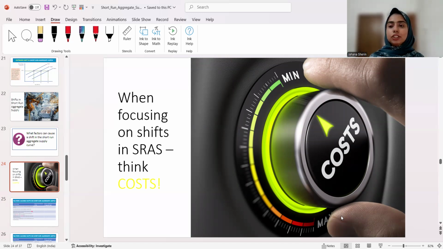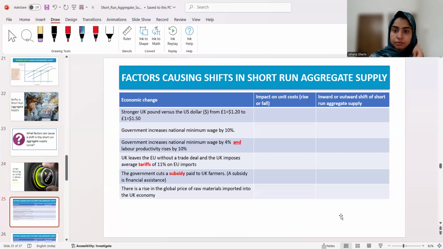That can lead to more profit for the firm, so their supply will increase. They'll produce more because they are getting an incentive and support from the government. That's why cost of production is an important factor influencing the short-run aggregate supply curve.